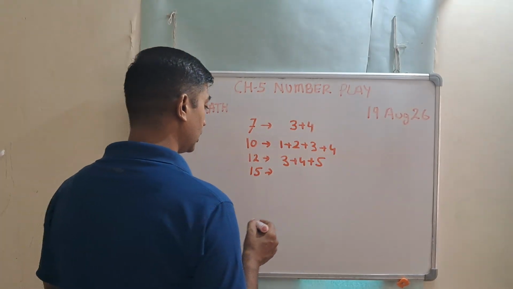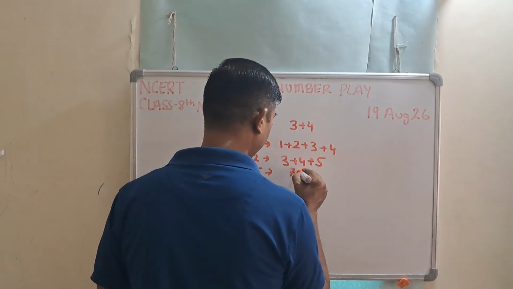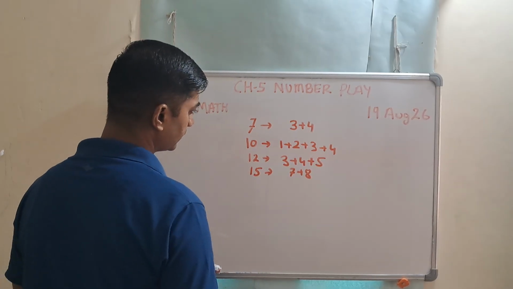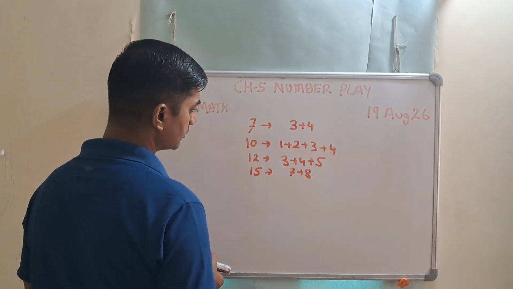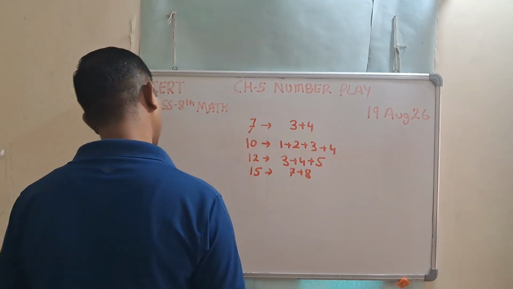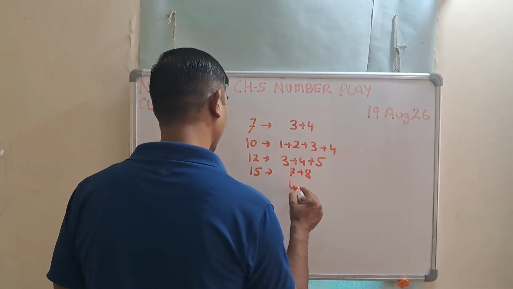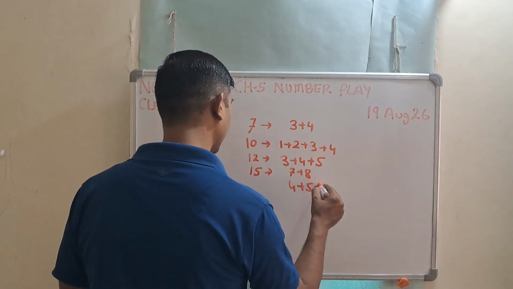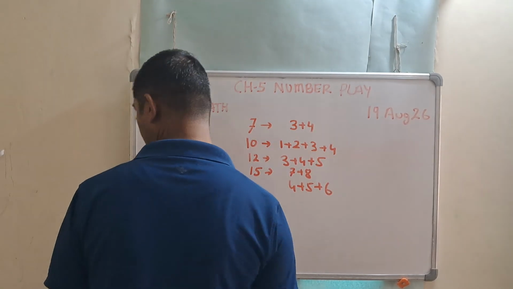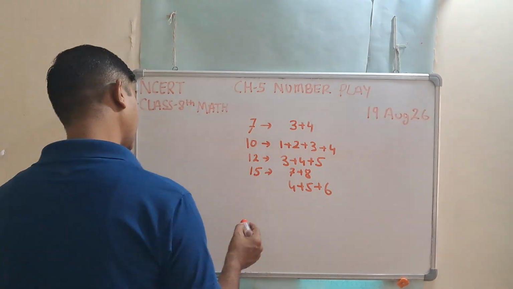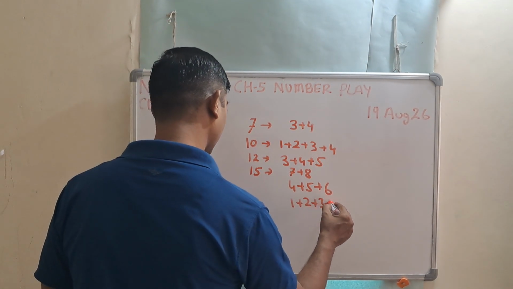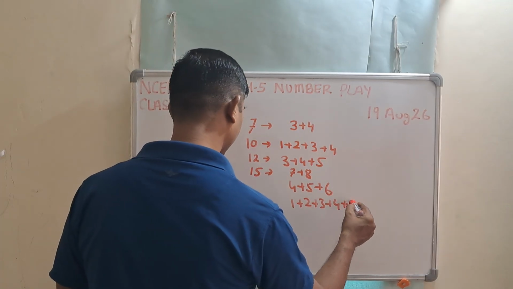It is 7 plus 8. Also, they have broken it down into 4 plus 5 plus 6. And also, they have broken it down as 1 plus 2 plus 3 plus 4 plus 5.